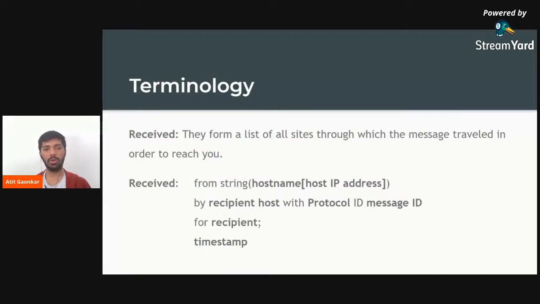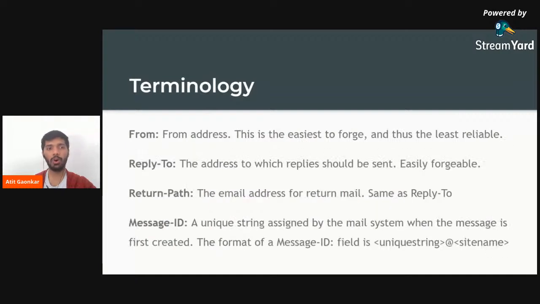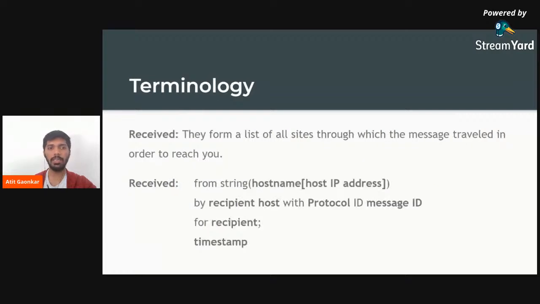Every recipient along the way will have this Received section. So if an email takes 10 email recipient hosts to reach you, there will be 10 Received sections in the email. So it is better to go through all these email headers and understand if there is anything that makes it look fake.